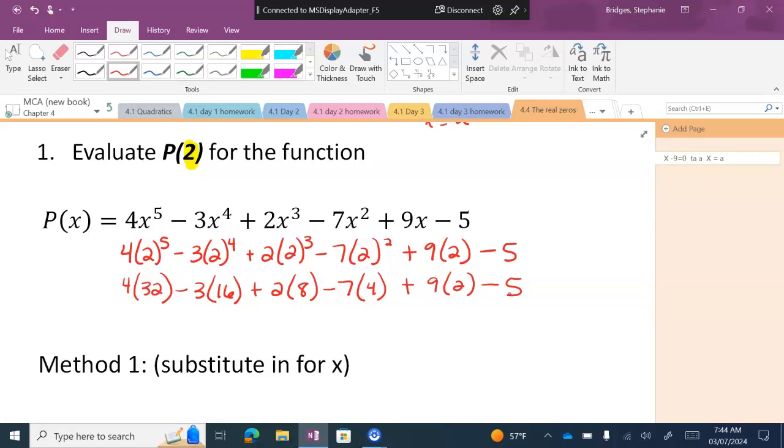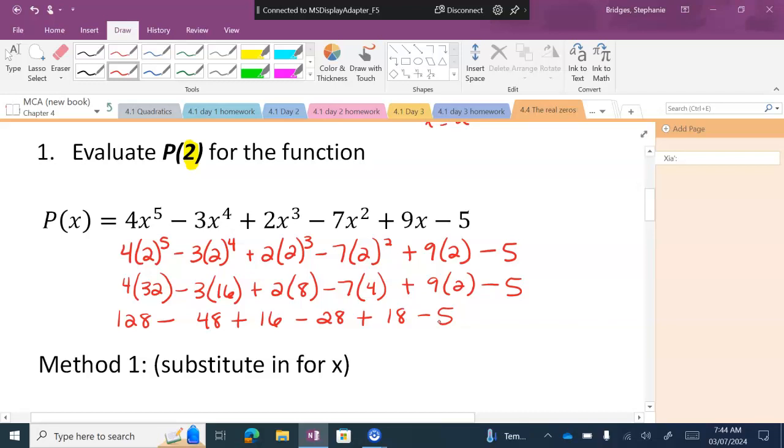All right, then we need to go through and do all of our multiplying. So we're going to do 4 times 32, which is 128. 3 times 16 is 48. 2 times 8 is 16. 7 times 4 is 28. 9 times 2 is 18. Minus 5.